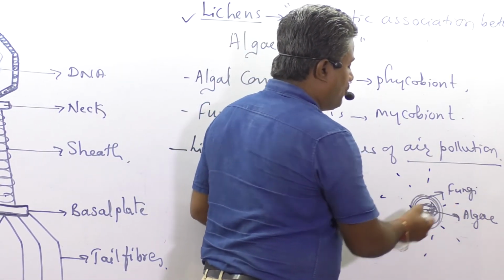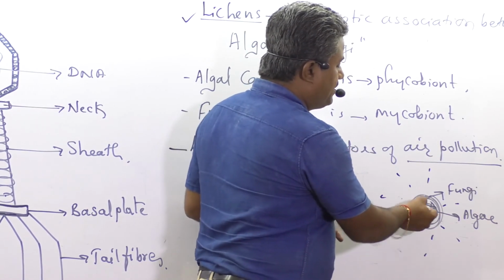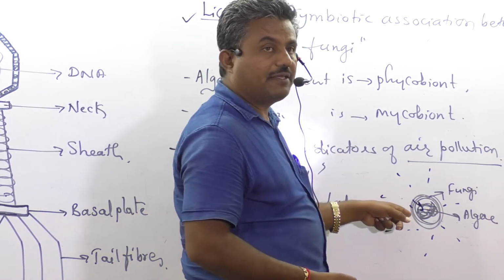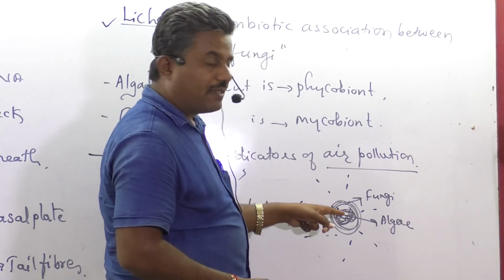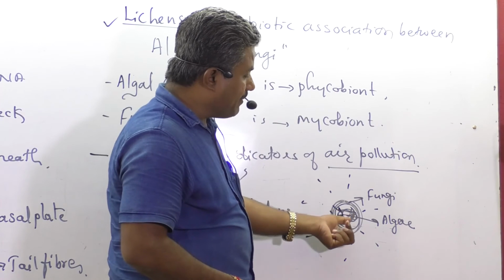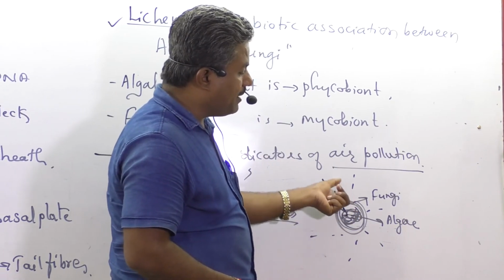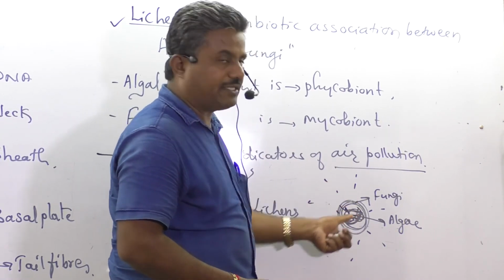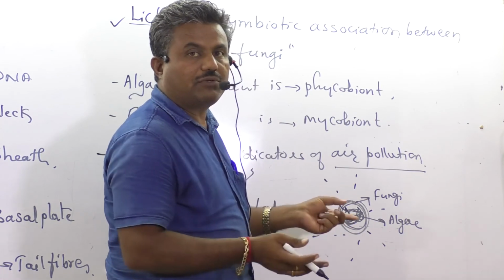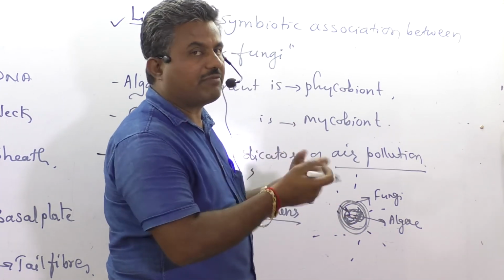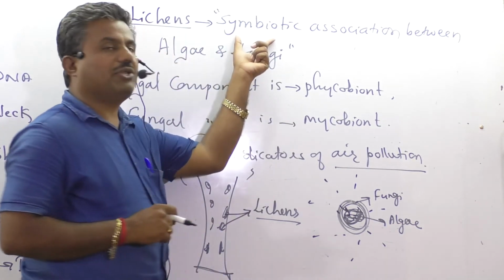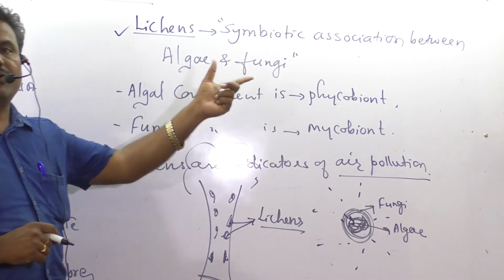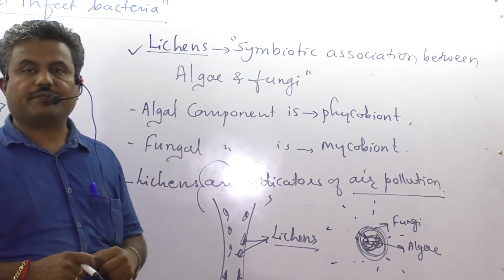That water or moisture is supplied to the algae, and it provides protection to the algae. Both survive mutually benefited. That kind of relation is called as what? We call it symbiotic relation or symbiotic association.